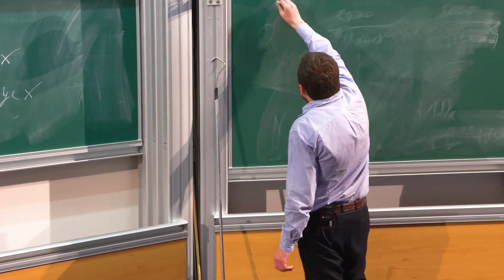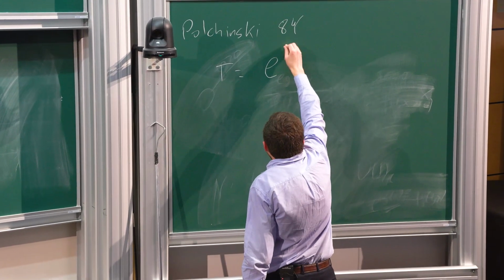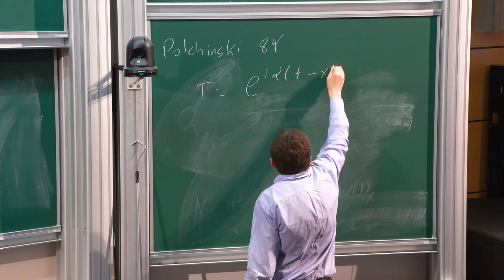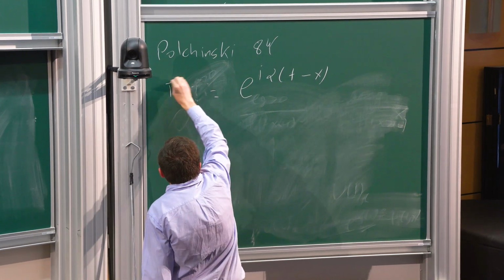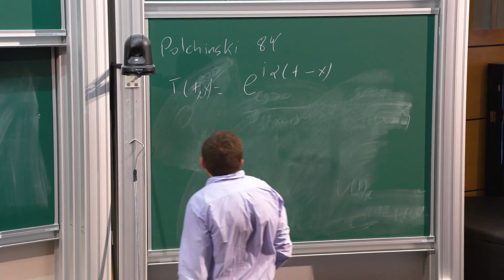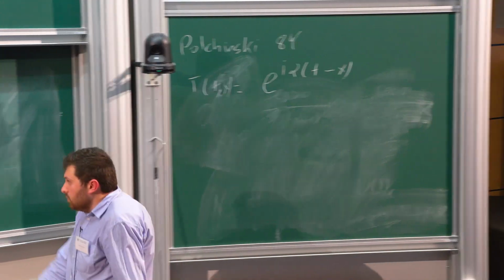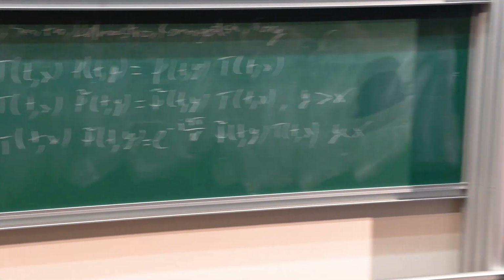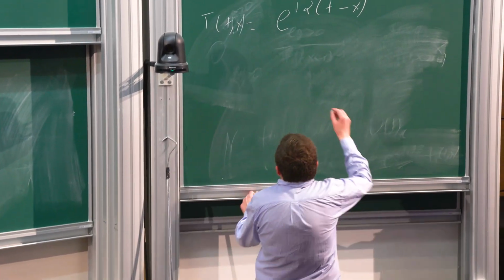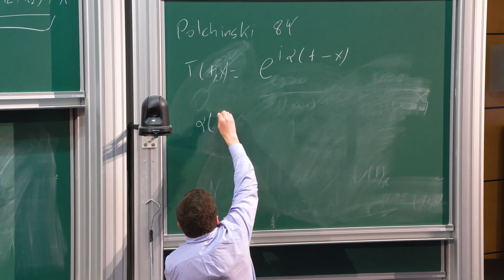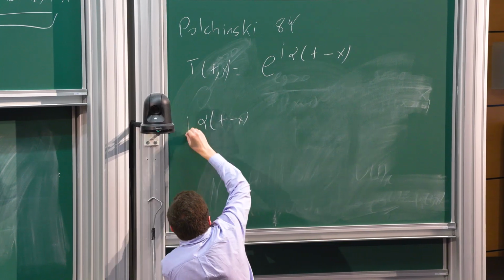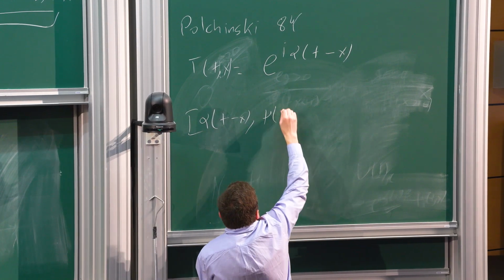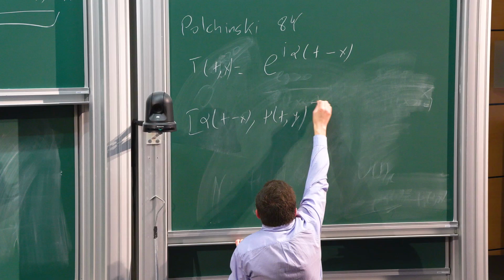The idea is that the twist operator is exponential i alpha(t minus x) dx. How are we going to show this? We are going to calculate commutation relations. It is enough to obtain just one commutation relation, the commutator of alpha(t minus x) with psi(y).